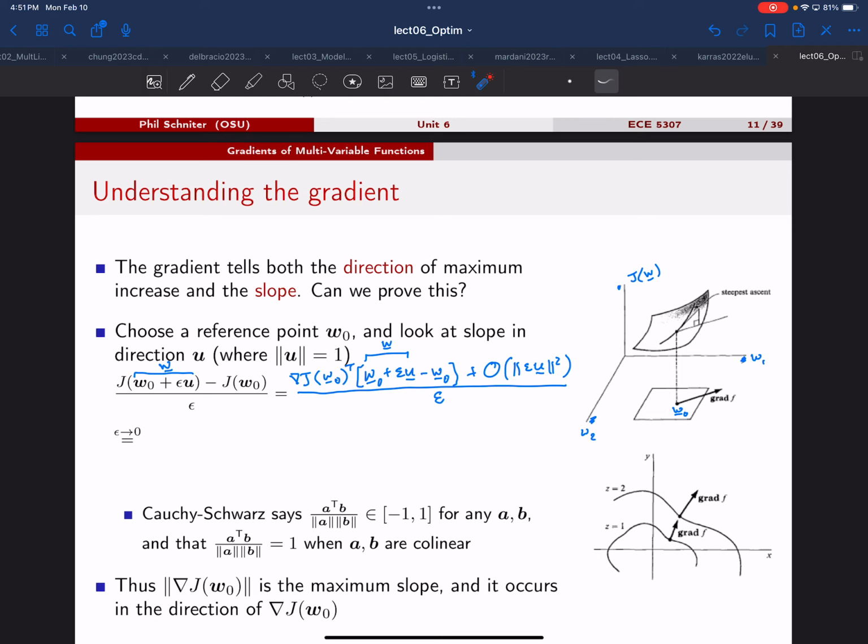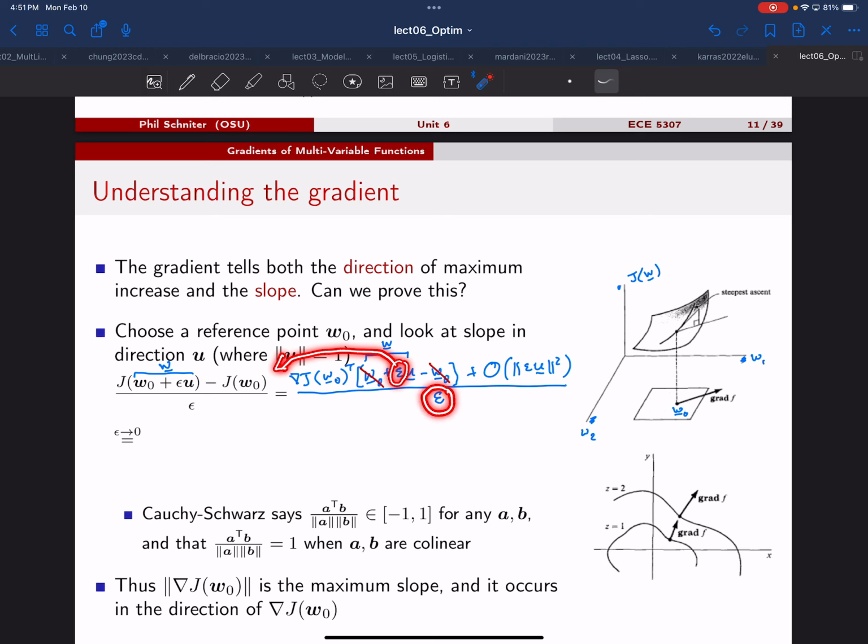Okay. So, all right, let's look at what happens as epsilon goes to 0. We're going to have these terms cancel. And when you look over here, this epsilon, you can pull it out if you want, and that's going to cancel with this one.